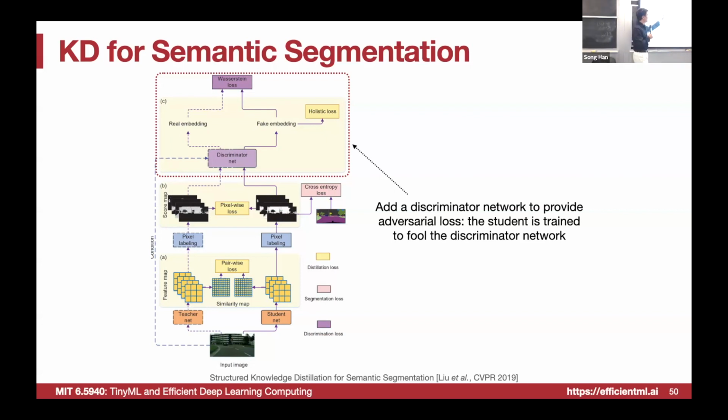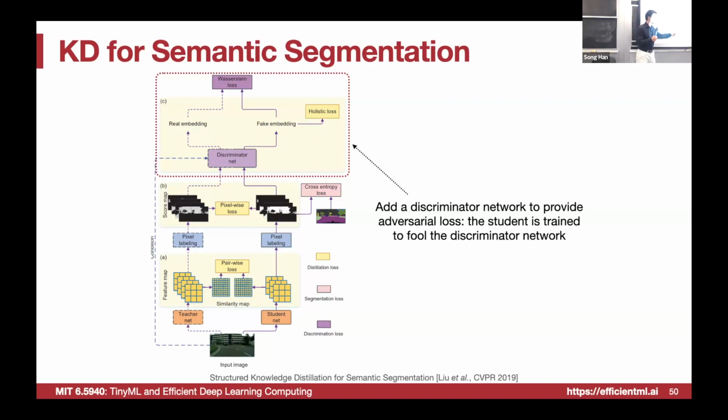So here is a score map for the teacher and a score map for the student. We try to use the GAN approach to train a discriminator network to make sure that the student is performing so well, so close to the teacher, that you can fool this discriminator. It cannot tell whether the segmentation map is provided by the teacher or provided by the student.